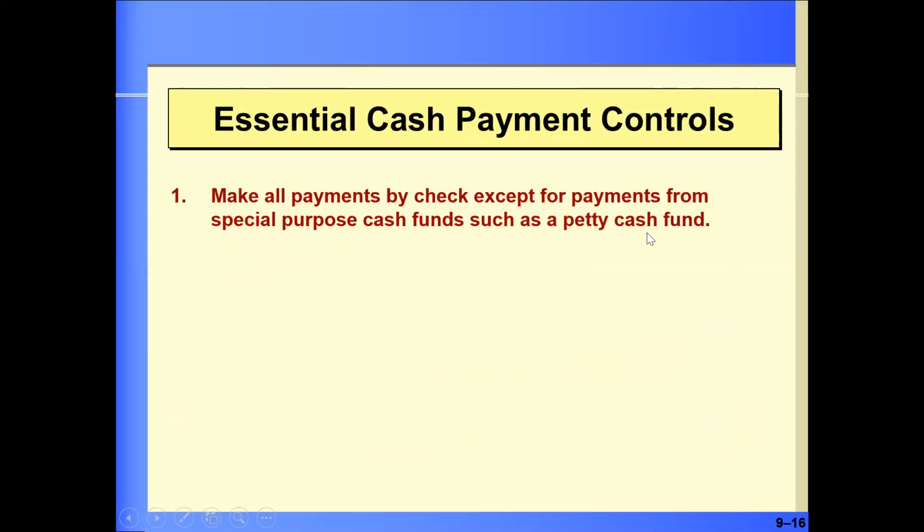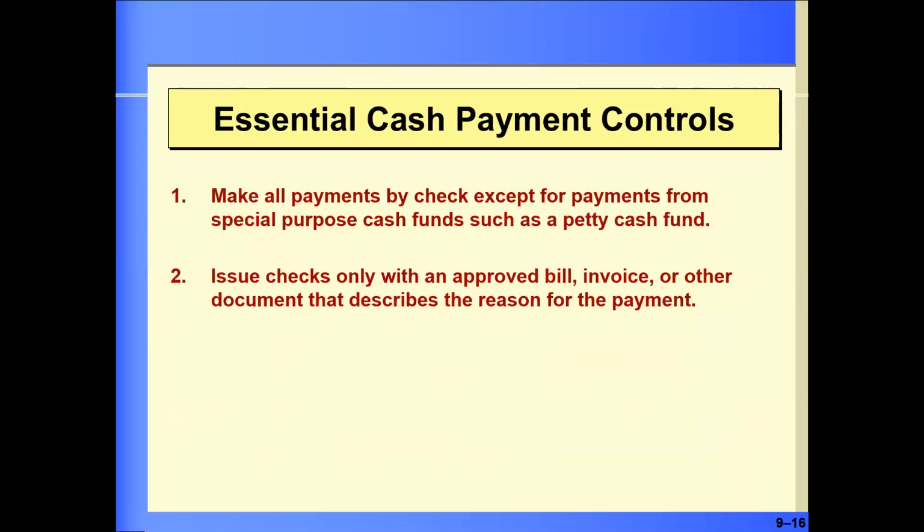Everything else gets paid by a check or debit card. Issue checks only with an approved bill, invoice, or other documentation that describes the reason for the payment. You just don't write a check because you wrote a check. It has to have some documentation attached to it.